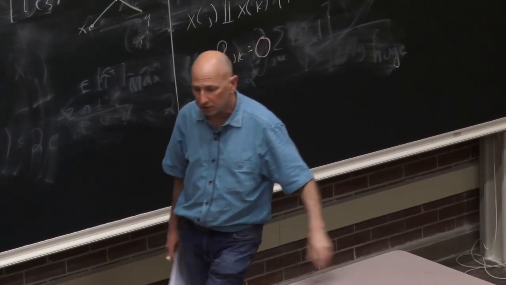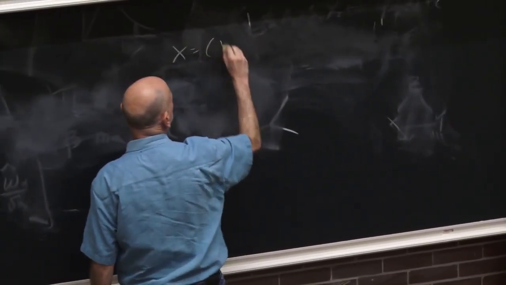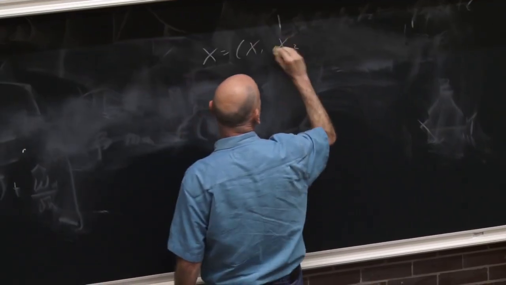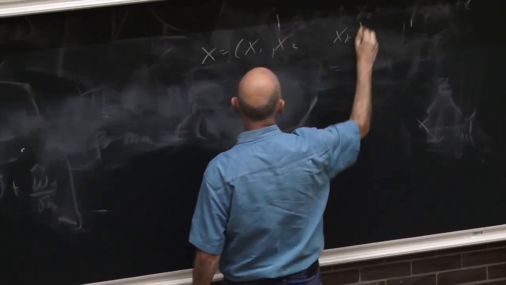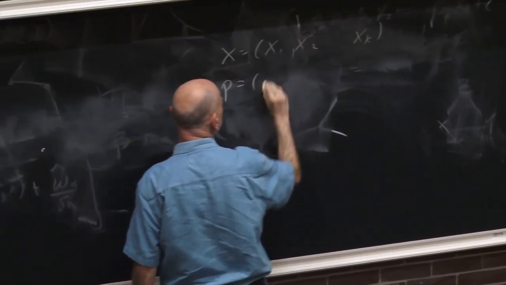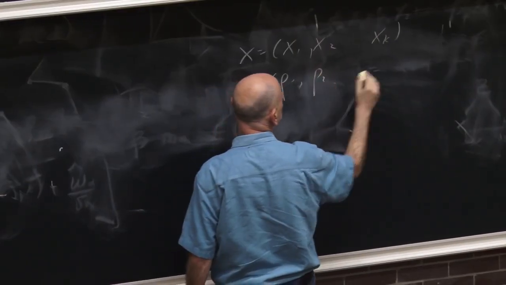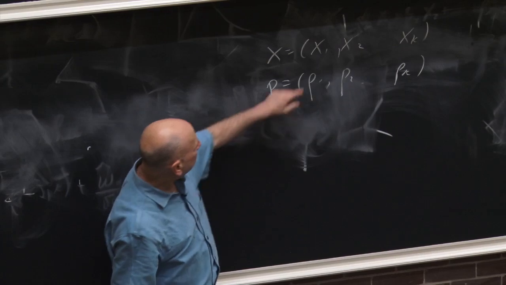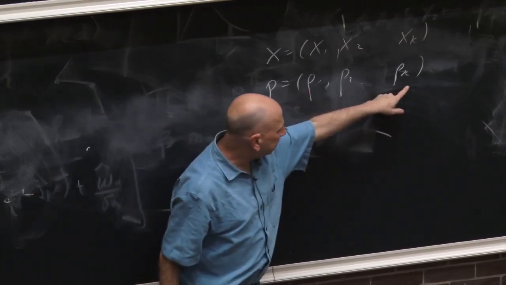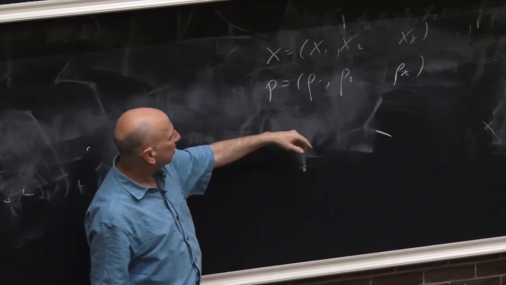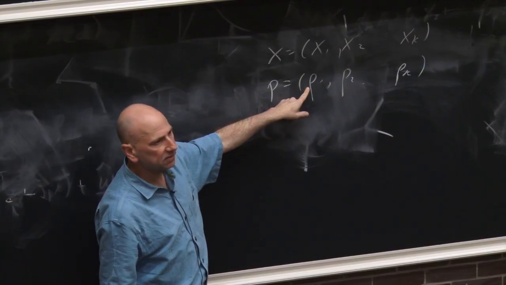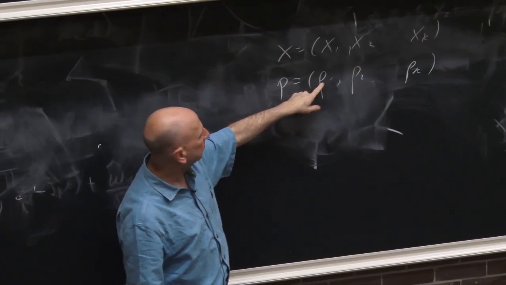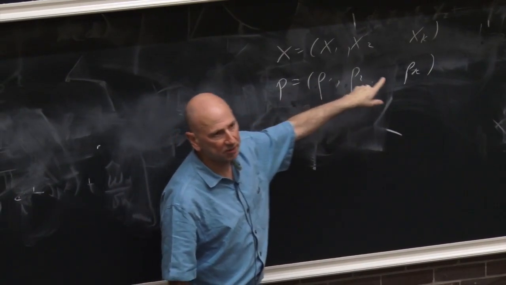The way we usually think of a multinomial, what is a multinomial? It's just I have x is x1, x2, up to xk, and there's some probability, p1, p2, up to pk. So it's just a discrete random variable where I've observed it can take k different categories, like k colors, and there's some probability p1 that the color will be red, p2 is the probability that something is green, and so on.